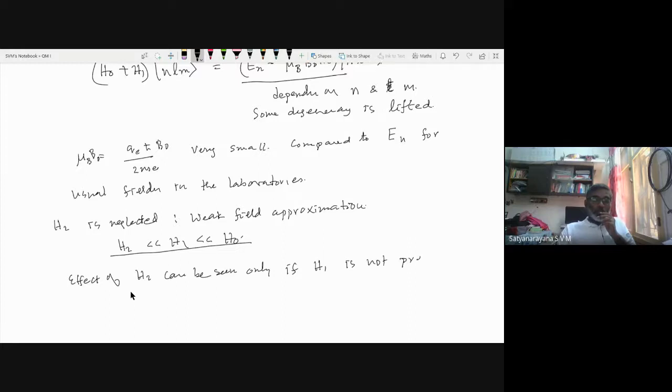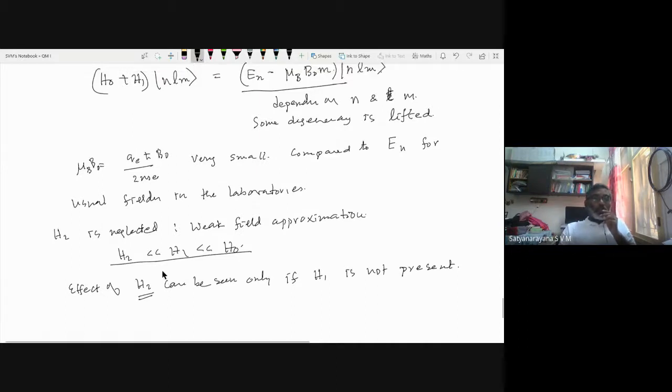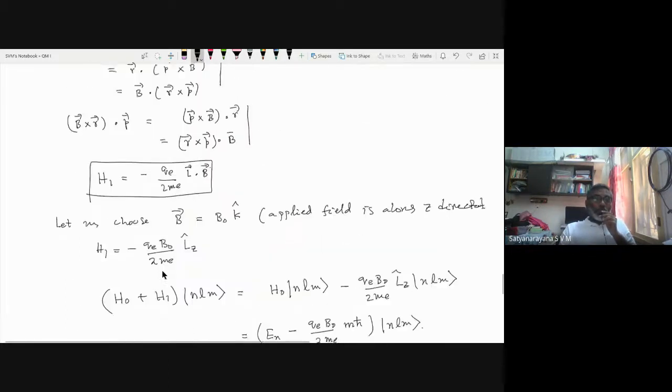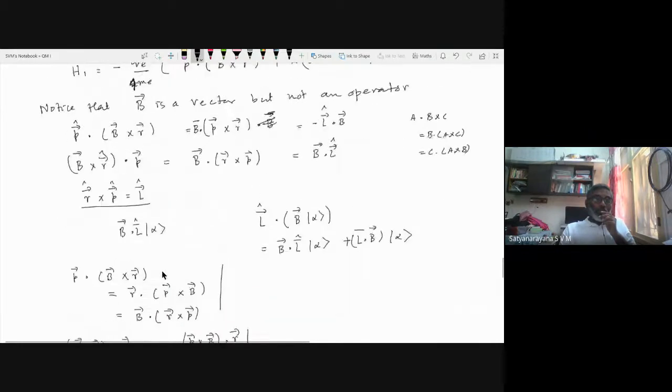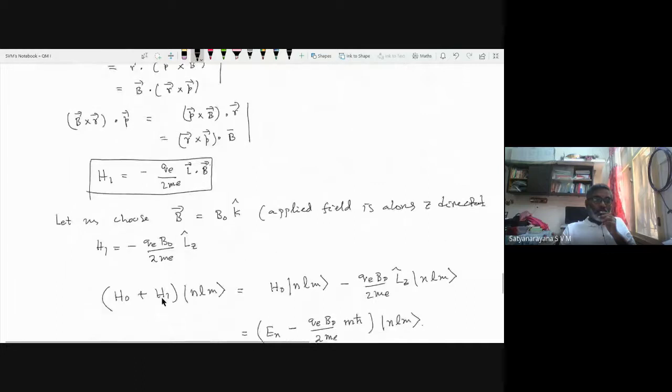Sometimes H1, for example if M is equal to 0, is 0. So if H1 is not present, then you can look at the effect of H2. This is how we will proceed in addressing problems in the presence of fields and things like that.